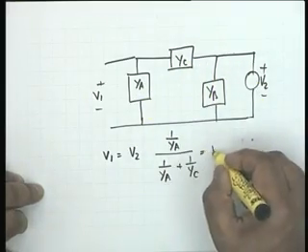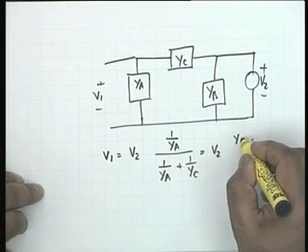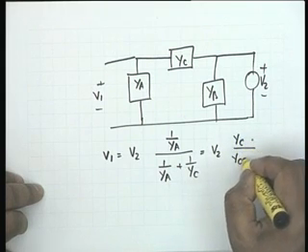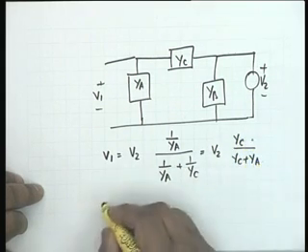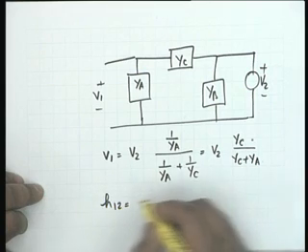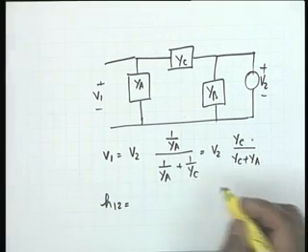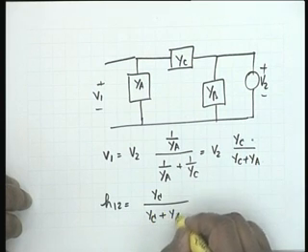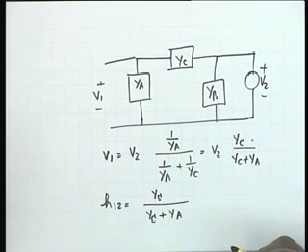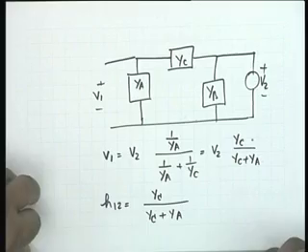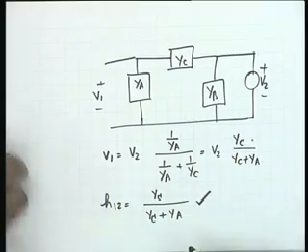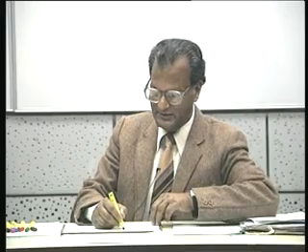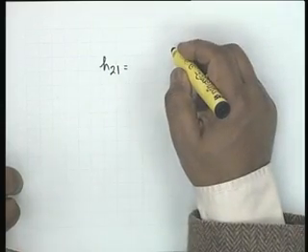So V1 is V2 times YC divided by YC plus YA, and therefore H12, which is V1 by V2, is simply YC divided by YC plus YA. Is that clear? This is H12.